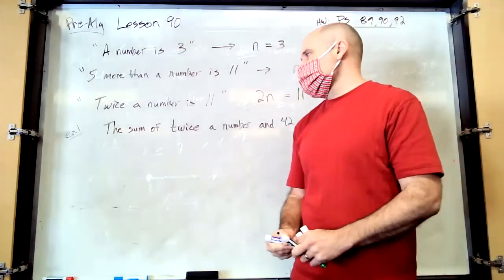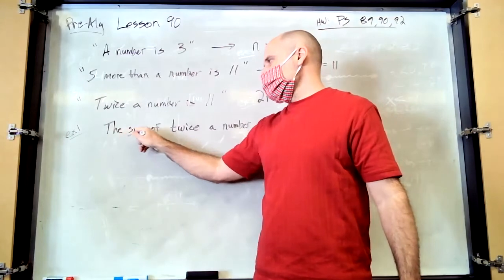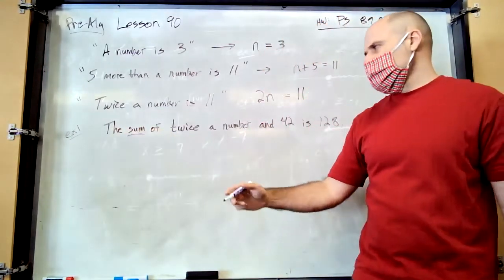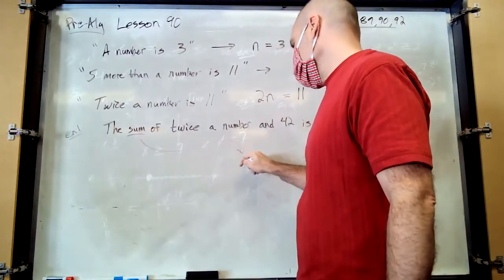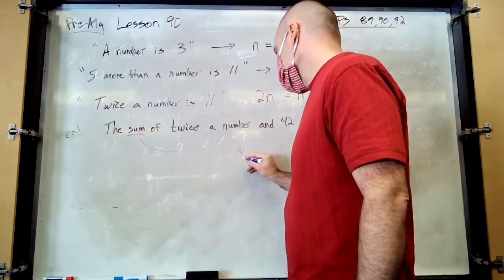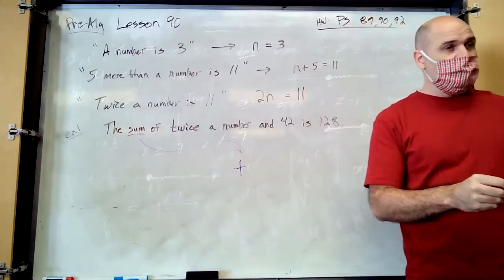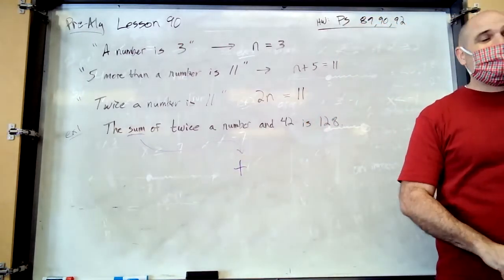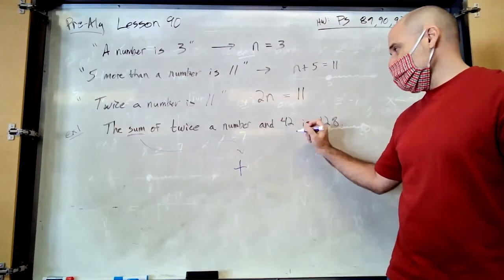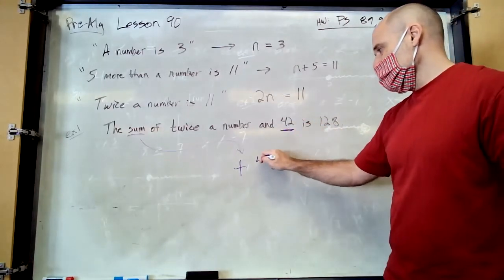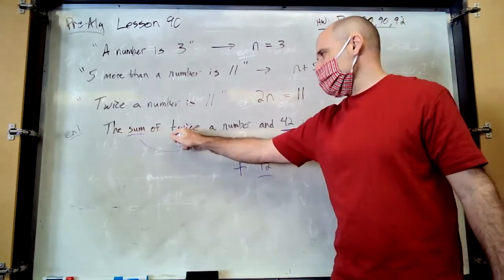So how do you say the sum of something? What does that mean? Addition. So we're going to put an addition sign here somewhere, right? And we know we're going to add 2 things. Okay, what 2 things are we going to add? 42 is one of them. And then, twice a number.